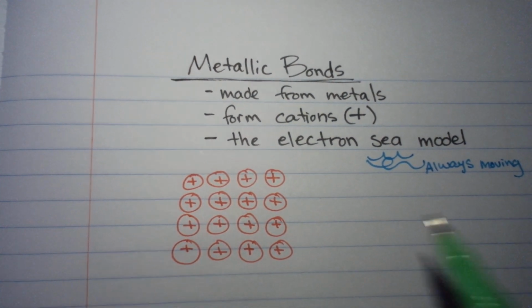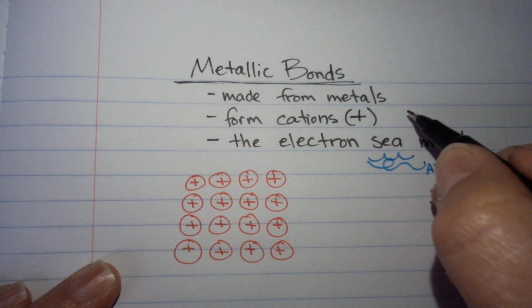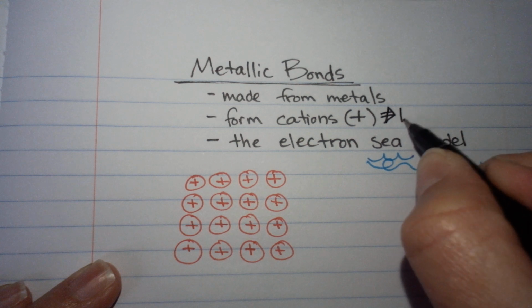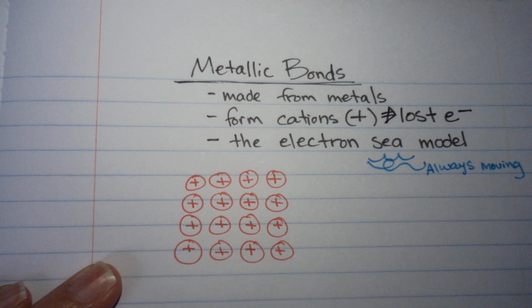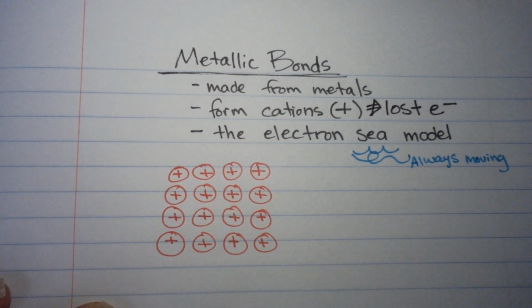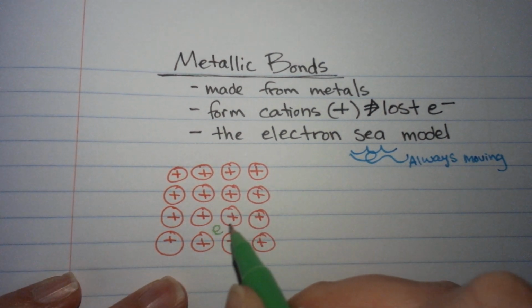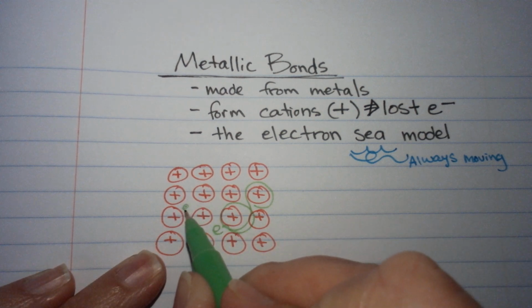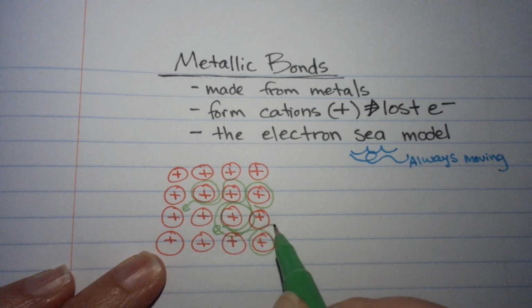But what has happened with cations? Have they lost or gained electrons? They have lost electrons. So all of these lost electrons are floating around everywhere. This electron here gets lost and goes around this atom, and then this atom, and then this one.